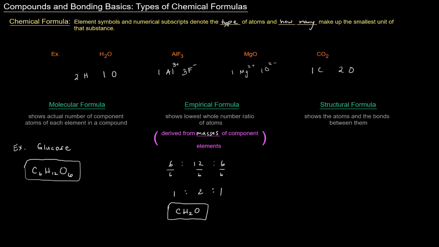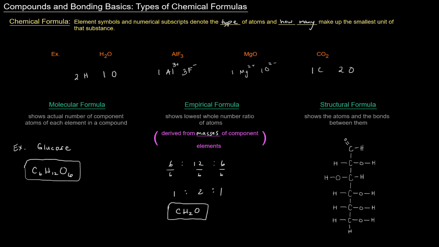If I know the molecular formula for glucose is C6H12O6, that means if I draw the structure, I should have 6 carbons, 12 hydrogens, 6 oxygens. So let's reveal what that looks like. Reveal all these atoms here as part of glucose. Let's check it out.